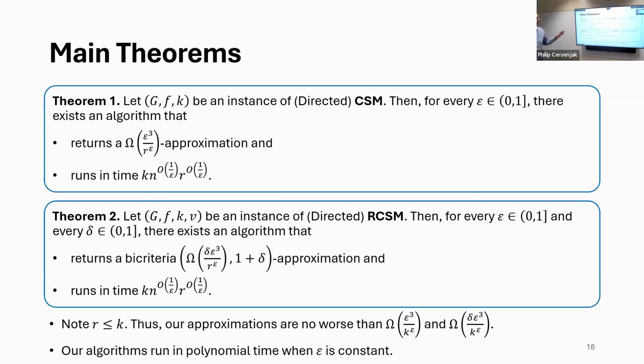And then we also give a similar result for the rooted version, where we give a bi-criteria approximation. So if we have an instance G, function f, k, and a root v, then we show that there exists a bi-criteria approximation algorithm, which has essentially the same approximation, except we have a delta here, and it violates the constraint by this factor of 1 plus delta, and it has the same running time as before.